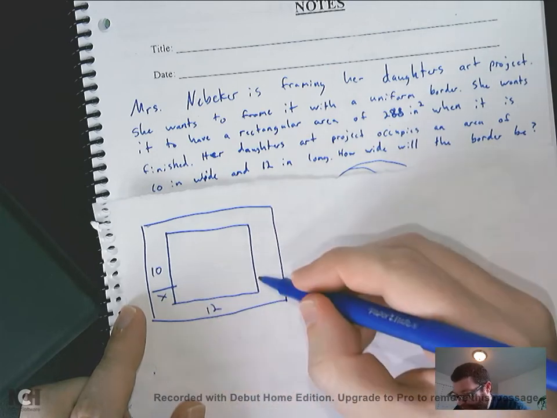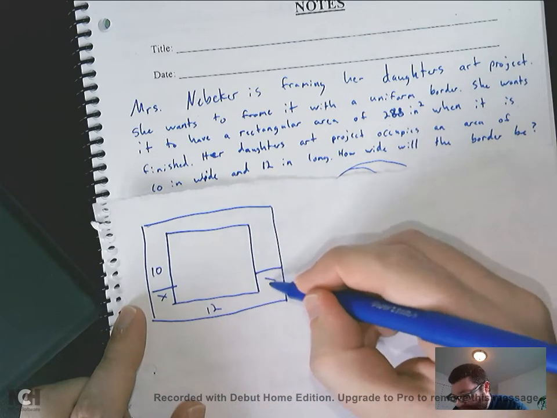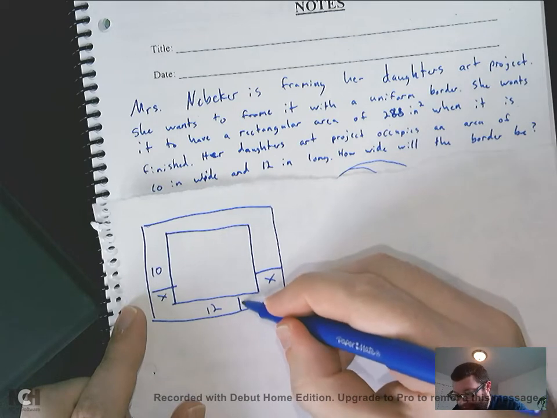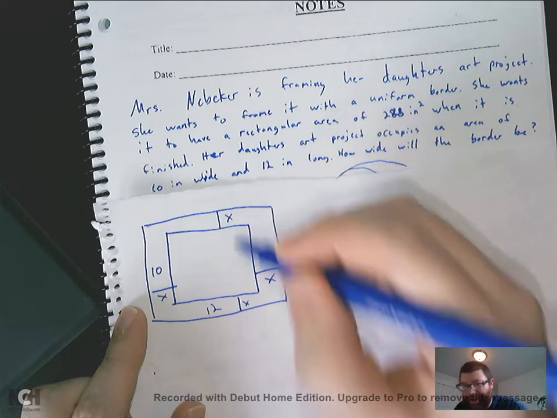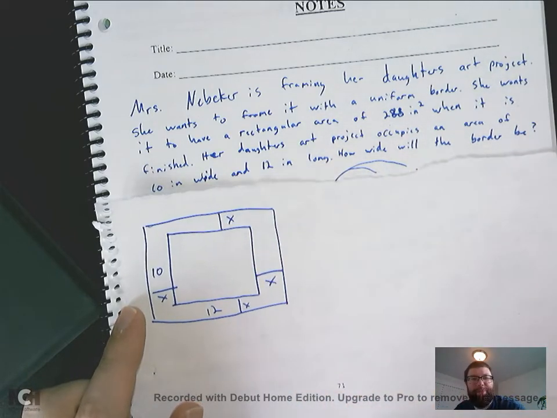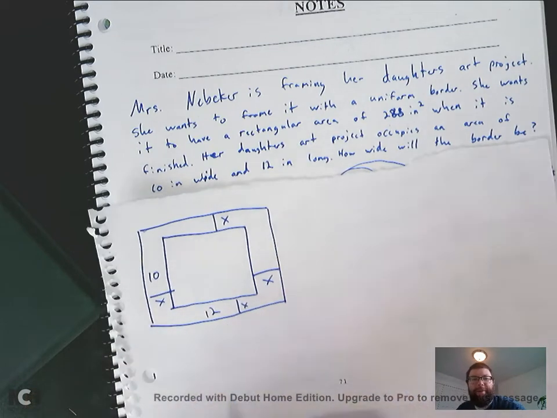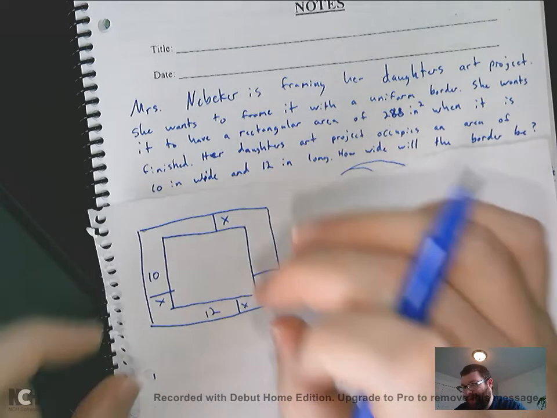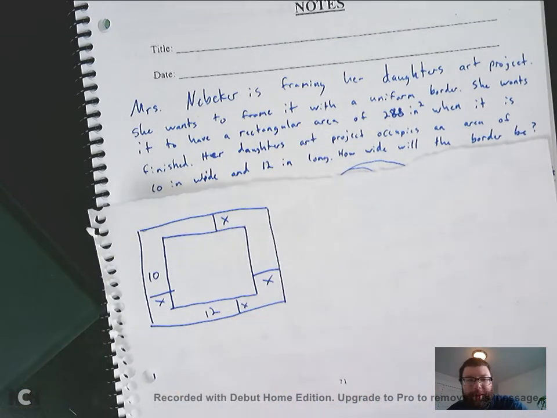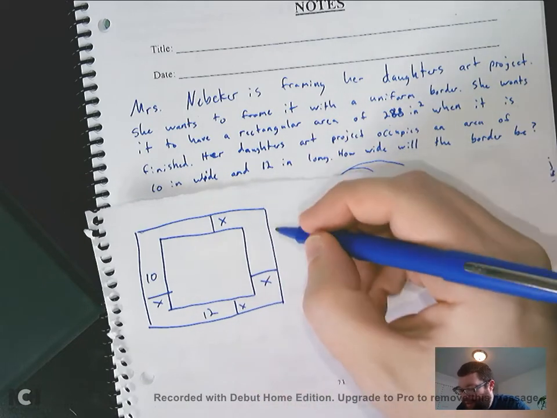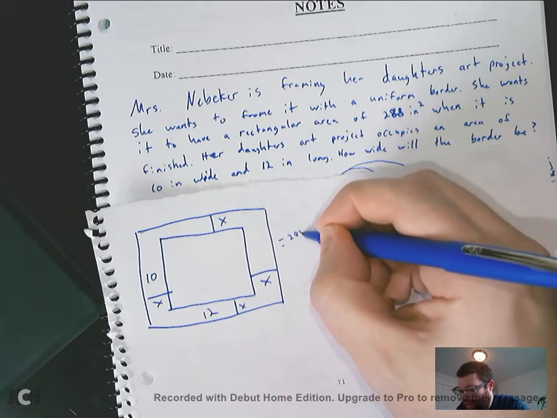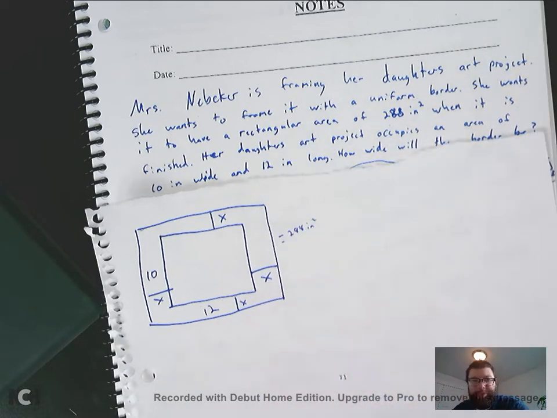So this is X inches long, this is X inches long, and this is X inches long, this is X inches long. That's what our final project is going to end up looking like. We're going to have the art project and then a border that goes along the outside. So the area of all of this together is going to equal 288 inches squared, right?